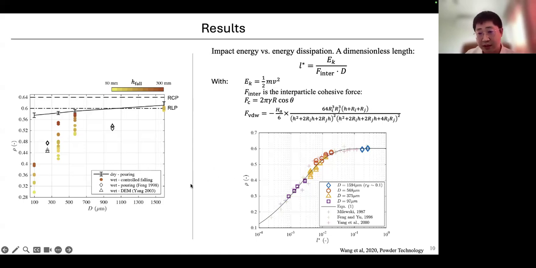But right after this work, we were looking at this figure and thinking about the original cohesionless packing structure. We know that this red dashed line, which is 0.55, if you remember two slides before, is the lower limit of random very loose packing structure for monodispersed spheres.